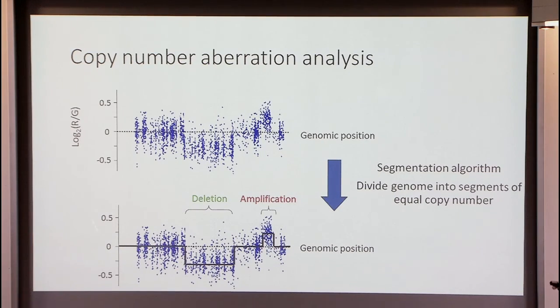Here, this is shown as a log2 ratio, relative to the normal copy number of 2 of the reference genome, and here we see a deletion and an amplification. Again, this is modeled probabilistically, and we have to account for the various sequencing biases and use the models that were used for single nucleotide mutations, but often binned over a larger region.